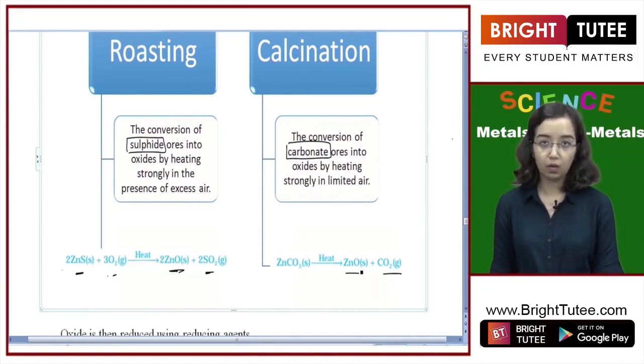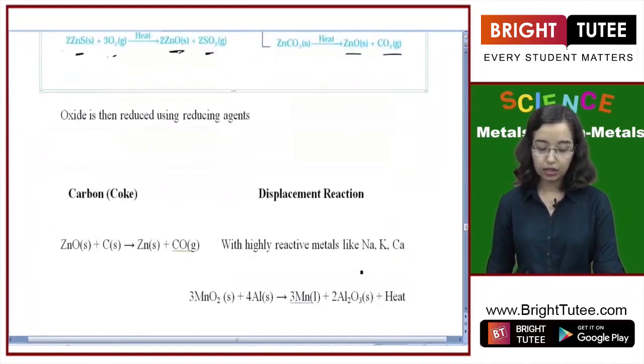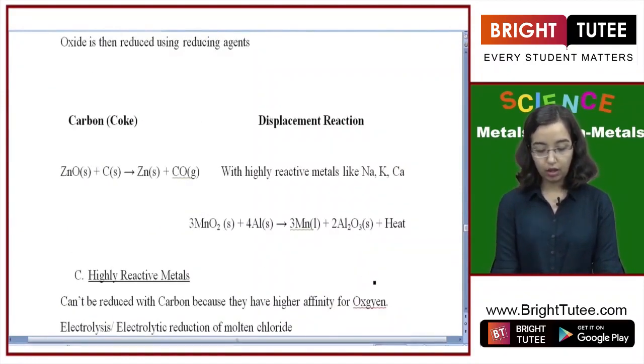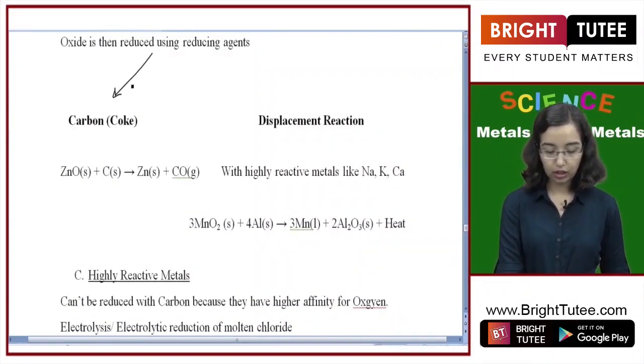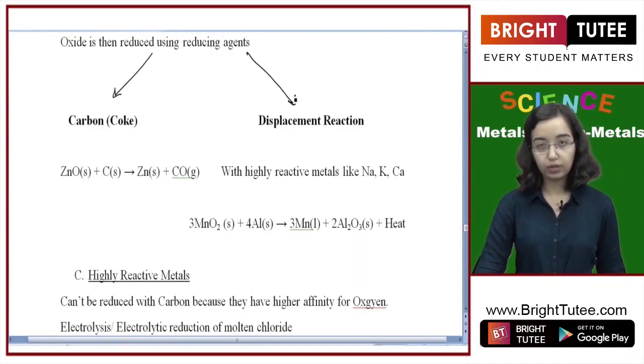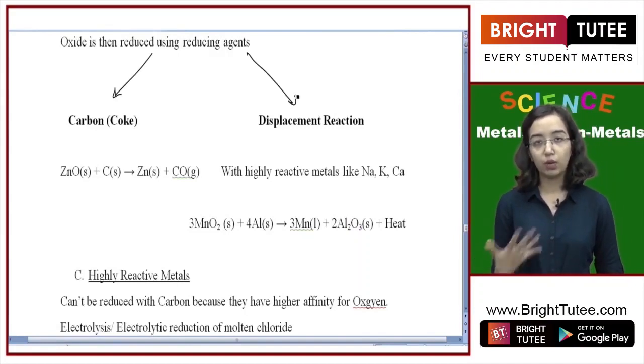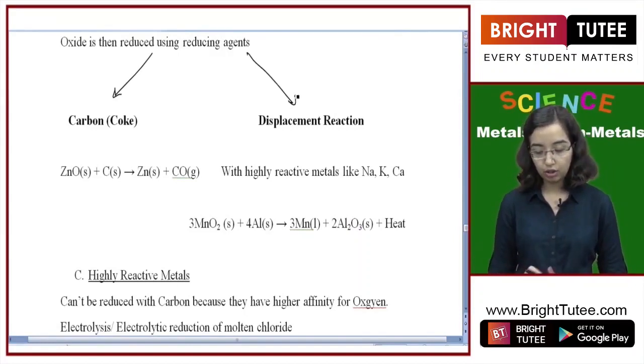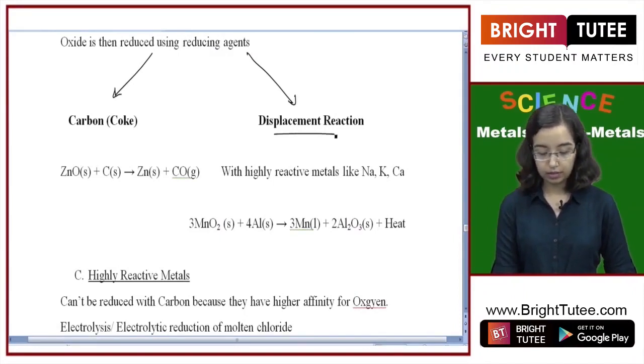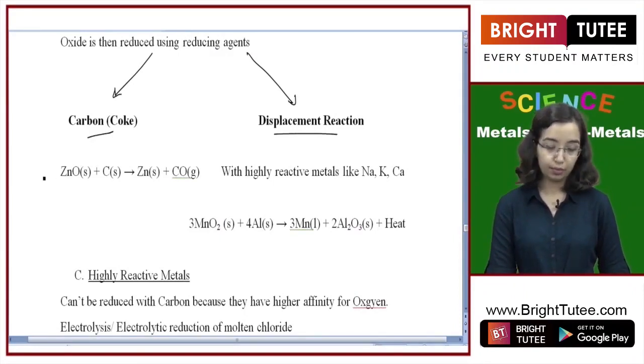Once we have obtained oxide, either by calcination or by roasting, then it is very easy to reduce it. There are two main methods of reducing it. One is reducing with carbon in coke form. Coke is just a way in which carbon exists in nature. And then another is displacement. First, let's discuss carbon.